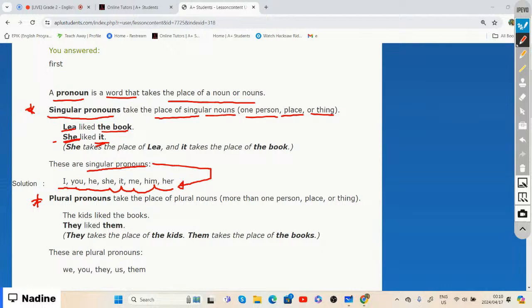Our singular pronouns refer to either one person, one place, or one thing. Then we have plural pronouns, and plural refers to more than one person, more than one place, or more than one thing.